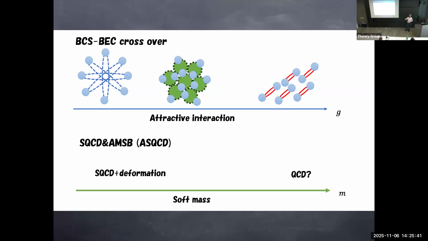That boson can become a Bose-Einstein condensate, so again the U(1) symmetry of number conservation is broken. And it is known that these two limits are continuously connected without a phase transition. BCS is the small attractive force limit, and BEC, the strong non-perturbative attractive force limit, are continuously connected, namely a crossover.